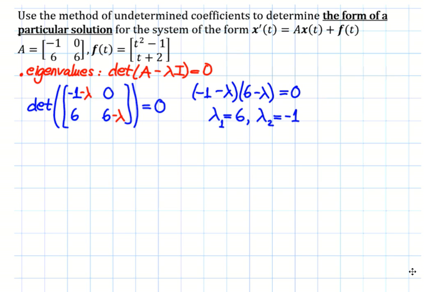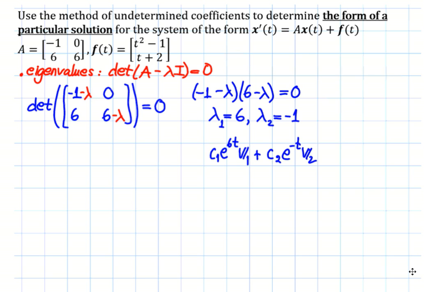If we have that, then the solution will resemble the form of C1 e to the 6t times some vector v1, and then C2 e to negative t times some vector v2. v1 and v2 are eigenvectors corresponding to the eigenvalues 6 and -1.